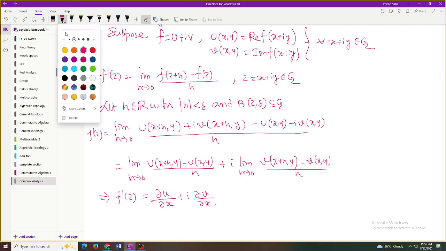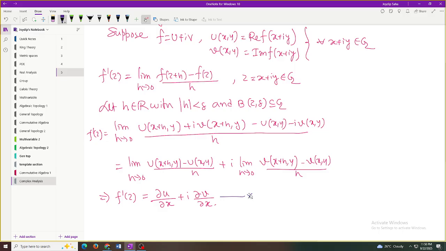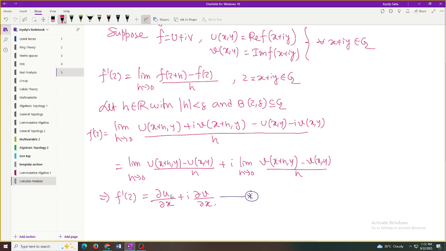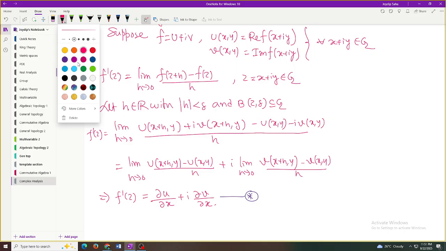Why? Because a complex limit exists if and only if the real part and imaginary part limits both exist.